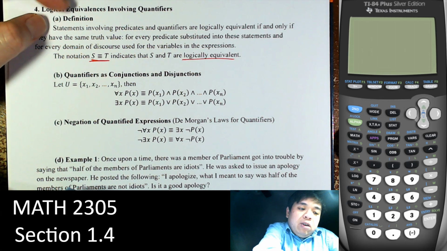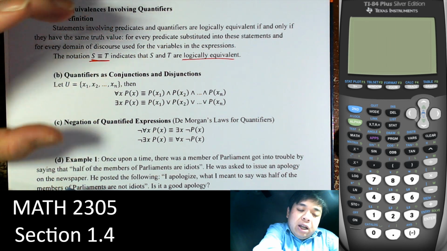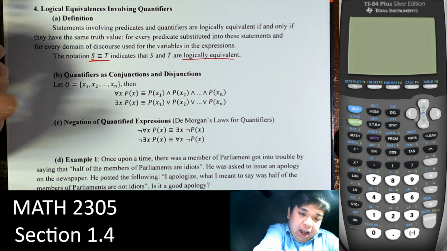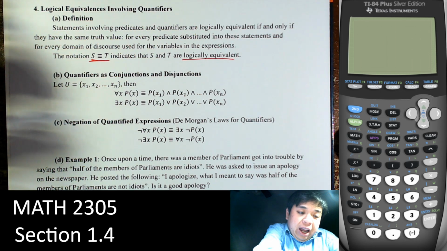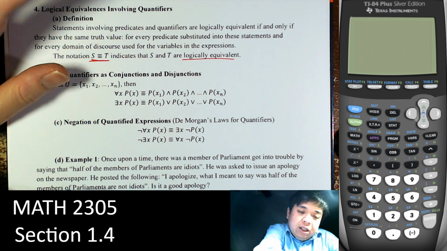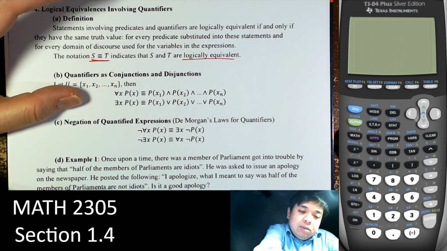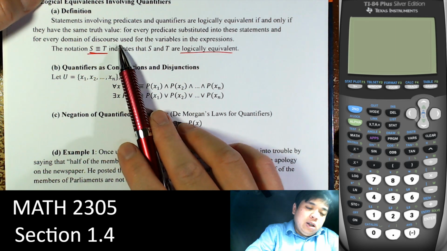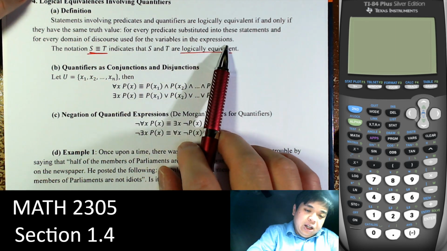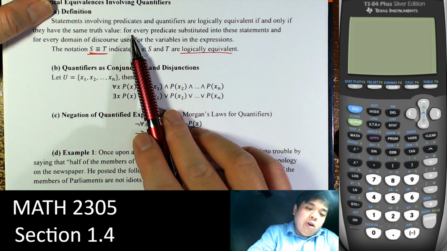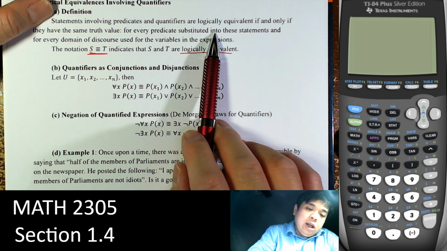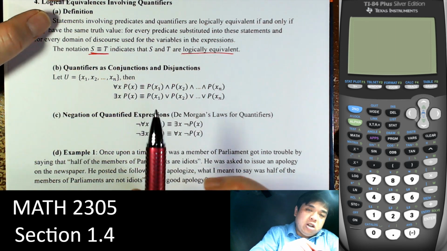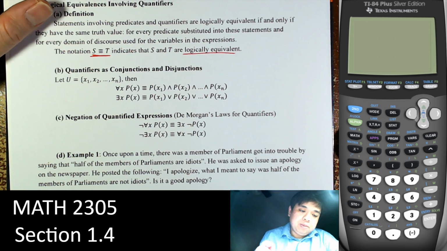If we have predicates and quantifiers, they are equivalent if and only if they have the same truth values for every element in the domain, and for every variable in the expression. So this is for every predicate substituted into this statement and for every domain used for the variable in the expression. So it has to be true for every value x.